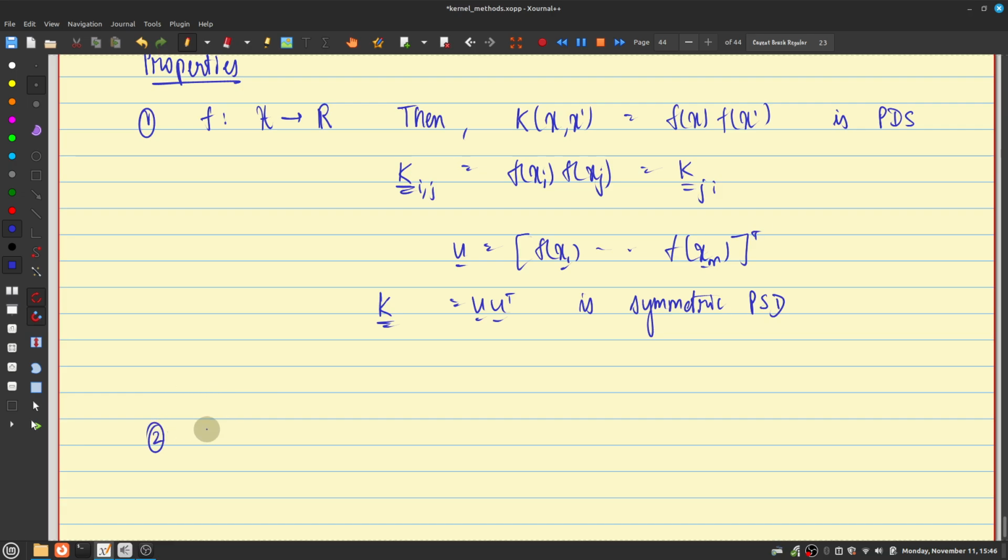Okay, so this sort of gives a simple way of identifying whether a given kernel is PDS or not. Suppose we're given two different PDS kernels. Is there a way of combining them to get another PDS kernel?